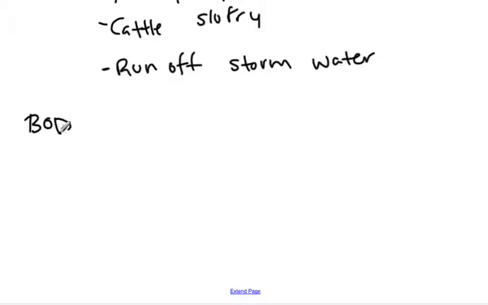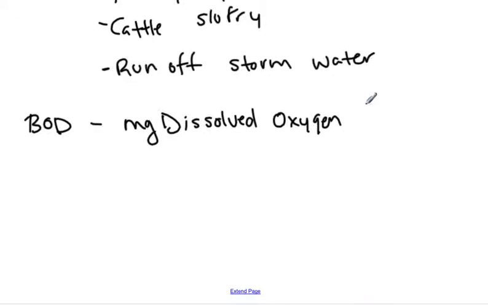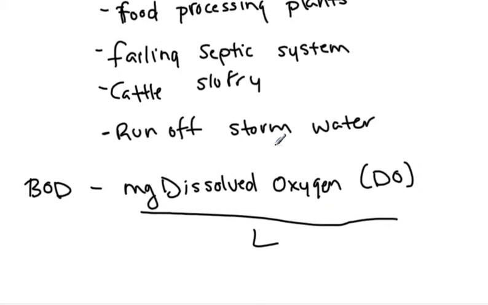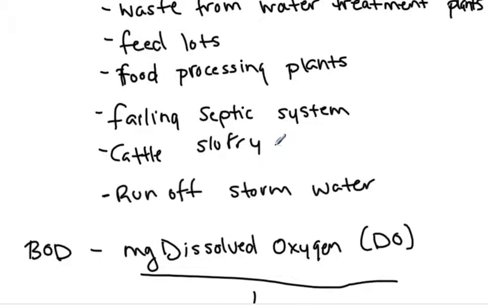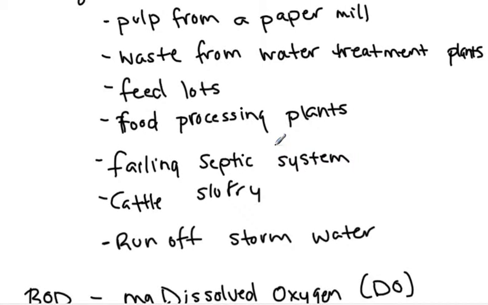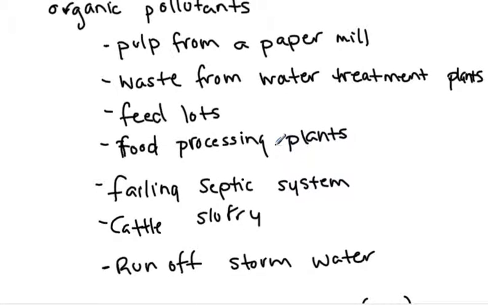Our BOD is measured in milligrams of dissolved oxygen, which I'm going to go ahead and call DO, per liter. So if we were to go back and take a look at some of our examples for the amount of BOD, wastewater treatment plants, for treated sewage, it's about 20 to 60, so it needs that much oxygen.